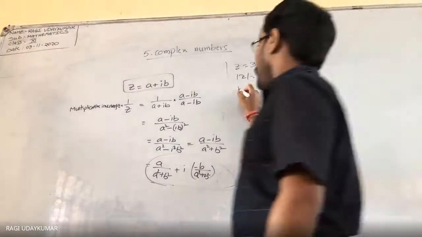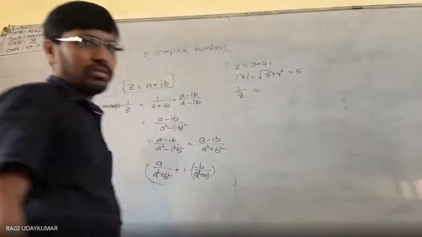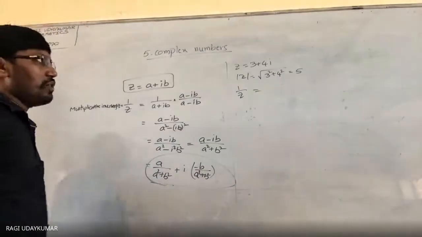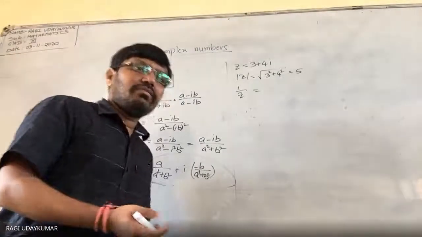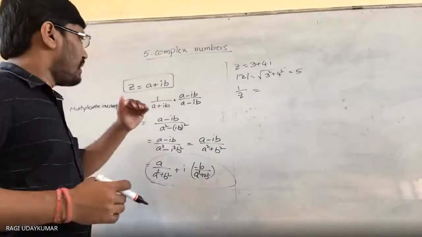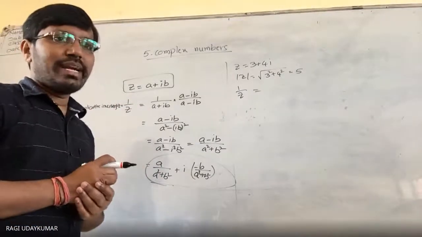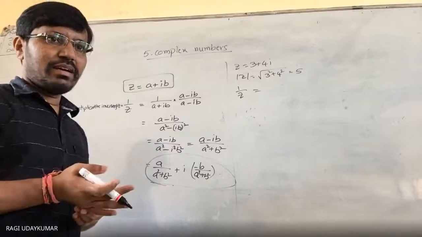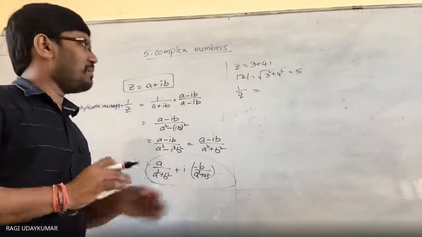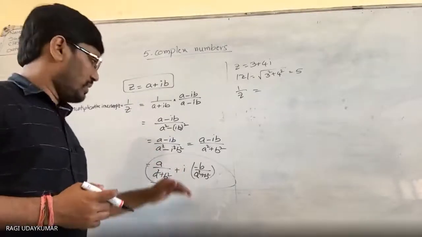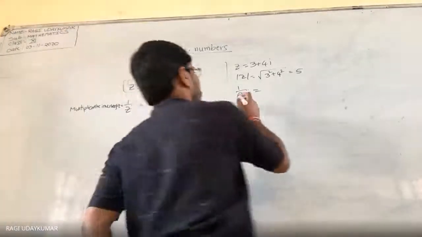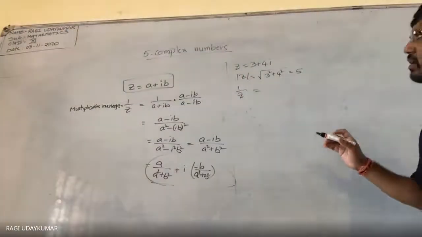We have to find its inverse: 1 by z is equal to the conjugate of z divided by the modulus.